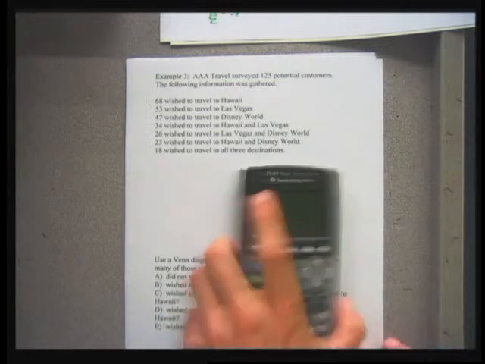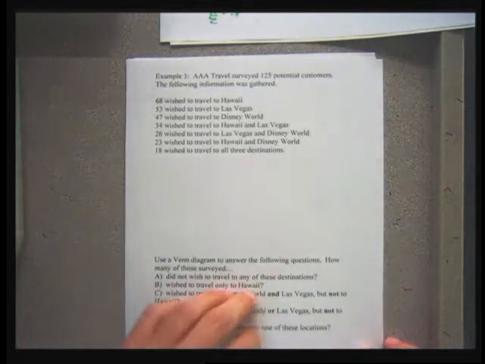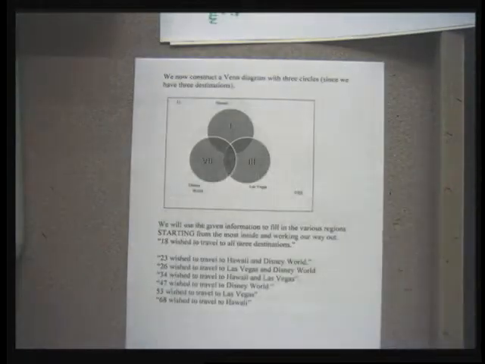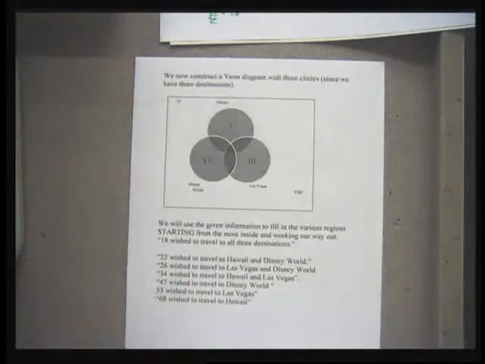So what I'm going to do is I'm going to separate these numbers by figuring out how to break these numbers up. And in order to do this, I'm going to look at a Venn diagram, and from the middle out, try to figure out what the regions are.